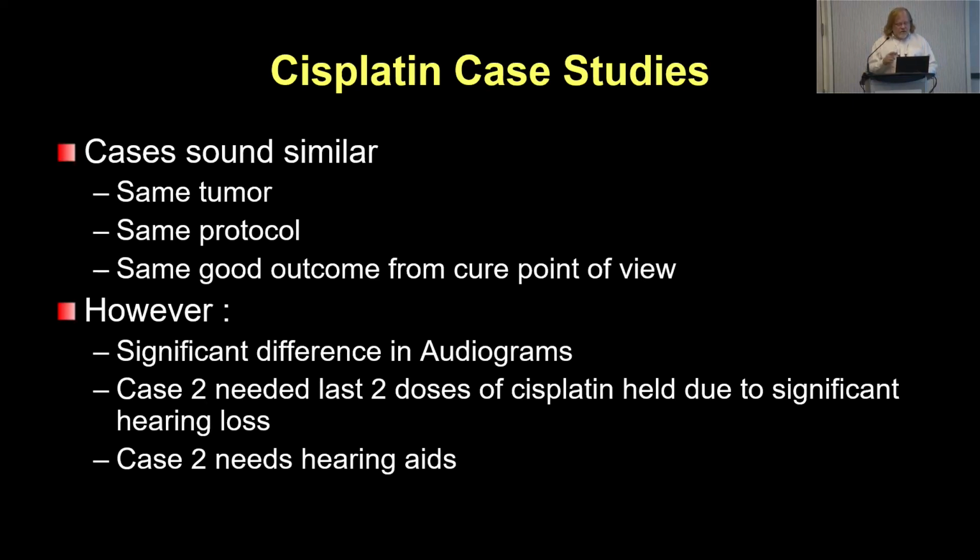Note that the last 2 doses were held, so this child received less chemotherapy than the other child. Both are alive and well today. So there's something interesting: we reduced the amount of cisplatin exposure, and yet the child still survives. This is a big question that I have when I go into these studies: are we overtreating some children, and why might that be?